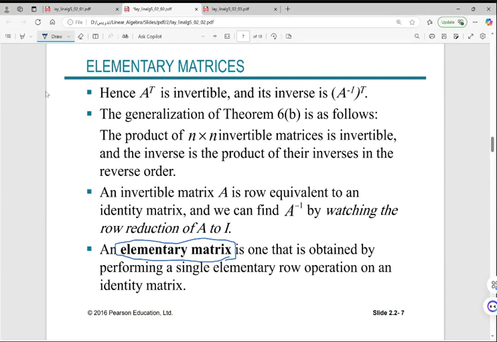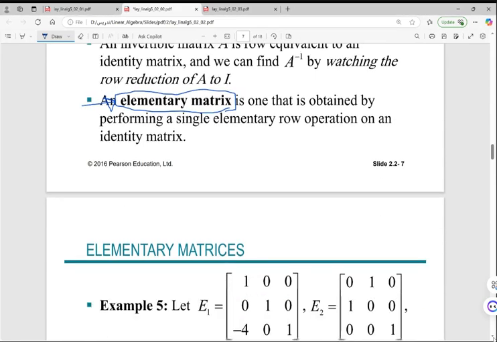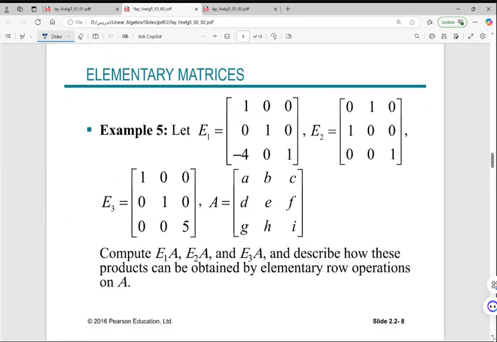So we have three types of row operations. An elementary matrix is obtained by applying one row operation on the identity matrix. So let's see an example.